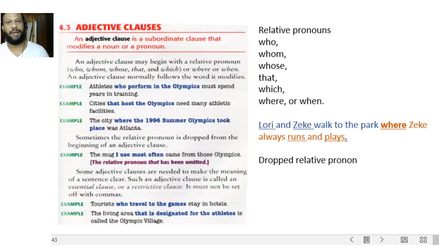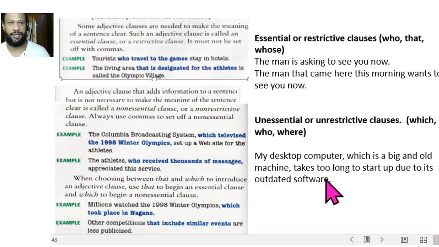Okay? Sometimes these adjective clauses are not necessary to make the meaning clear. Let's move on and see other examples here. Okay? In this book, we call them essential and non-essential or unessential.